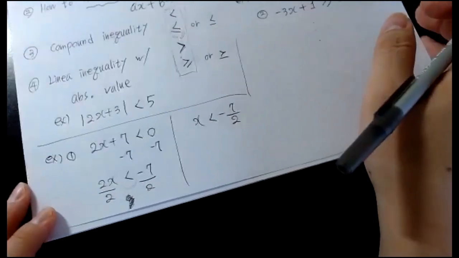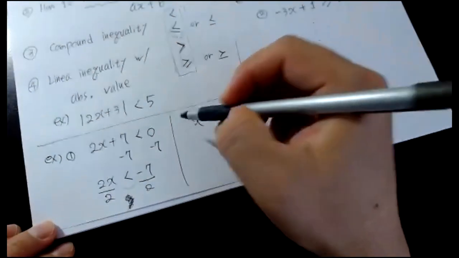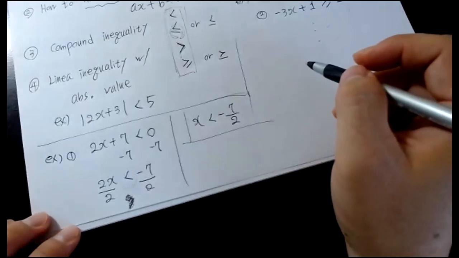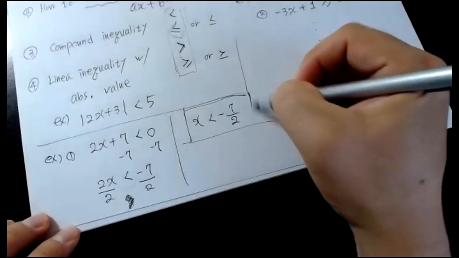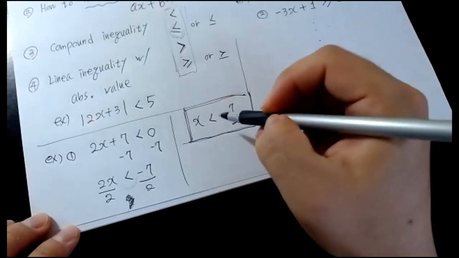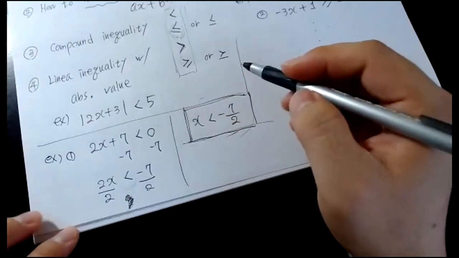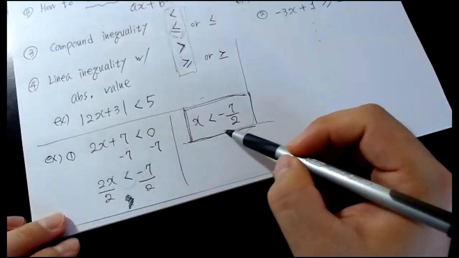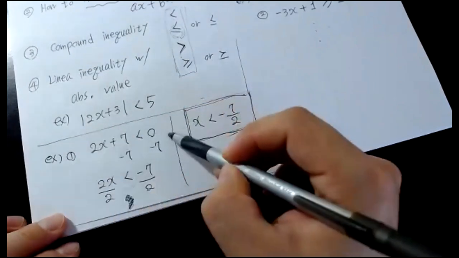Now we got this, but can you say that this is the answer? This cannot be the final answer, but we can say this is just a simplified version of the original inequality.